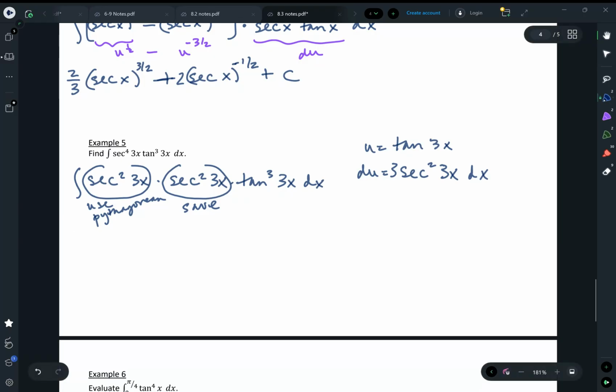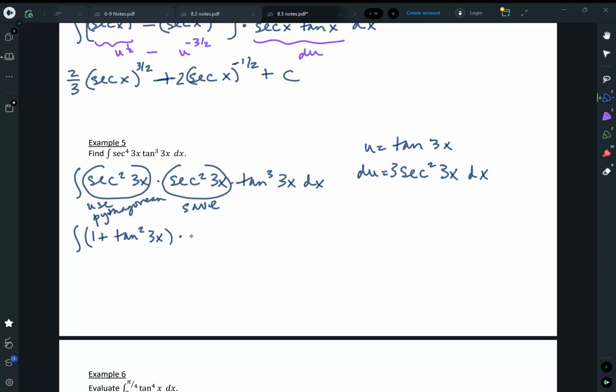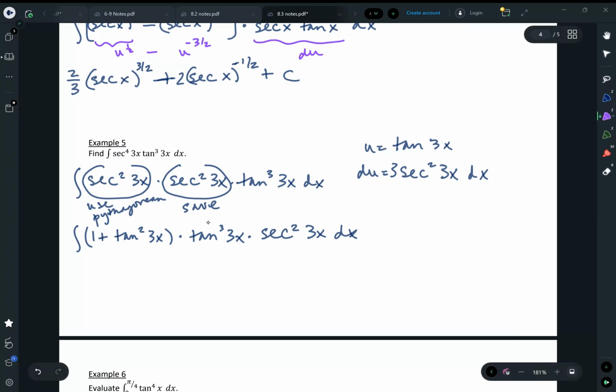So secant squared is going to be 1 plus tangent squared of 3x. And then I have times a tangent cubed 3x, and then times a secant squared 3x dx. So I've got my du set there, but this tangent, I do need to go ahead and distribute here.